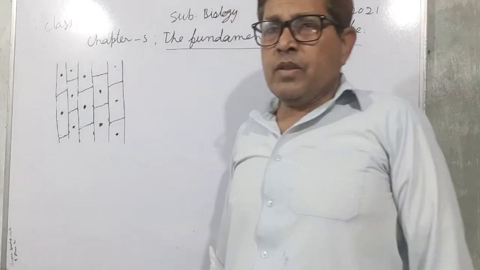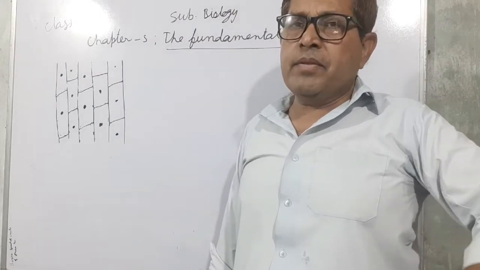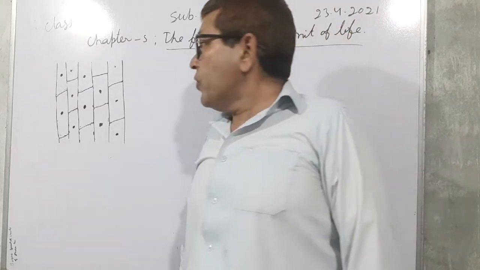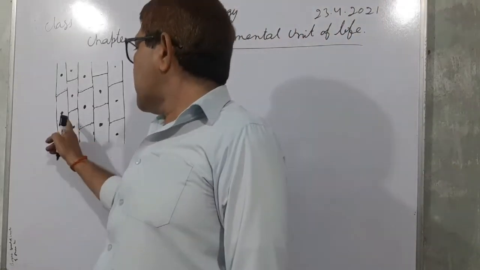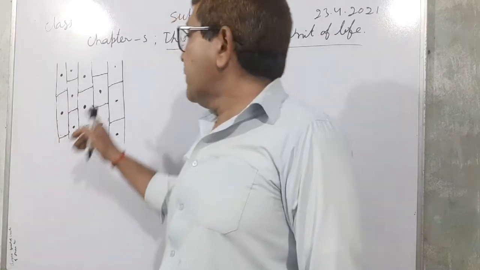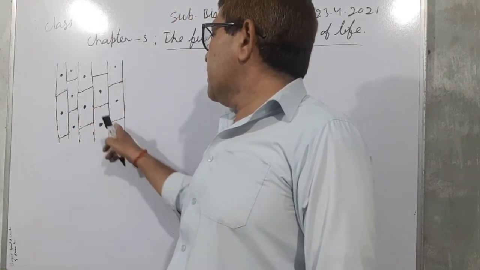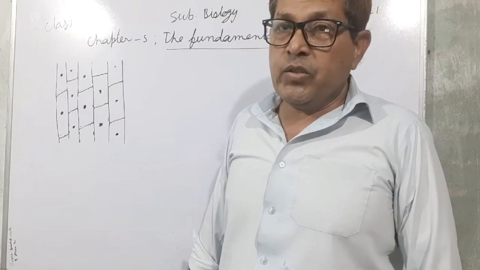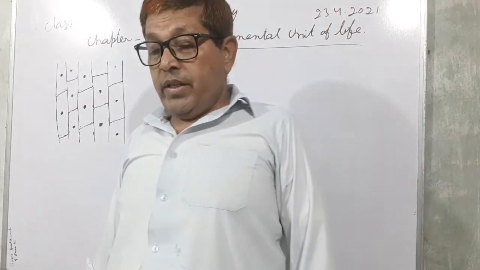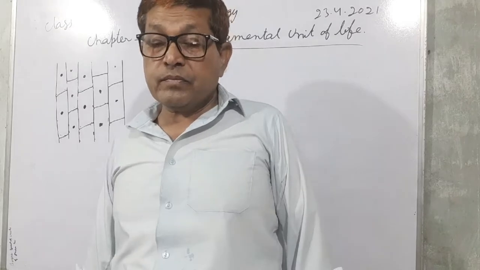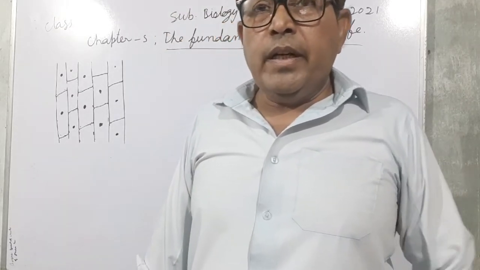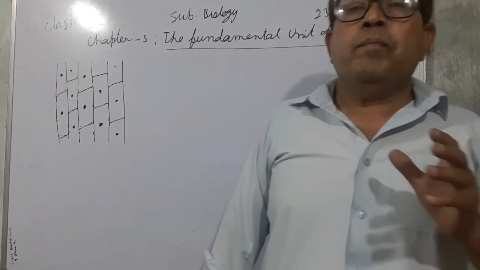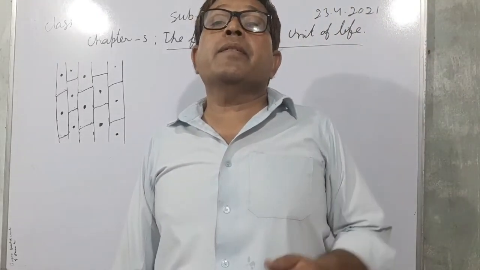Last time we observed the onion peel, and in the onion peel we found such a structure: 1 unit, 2, 3, 4, in this way. It does not matter whether the onion peel is small or big.